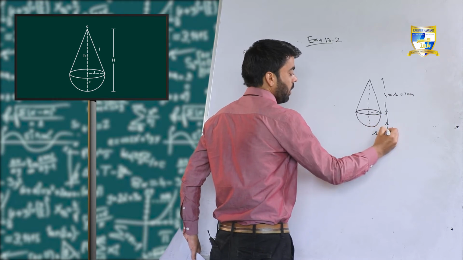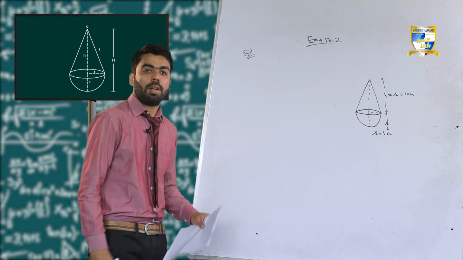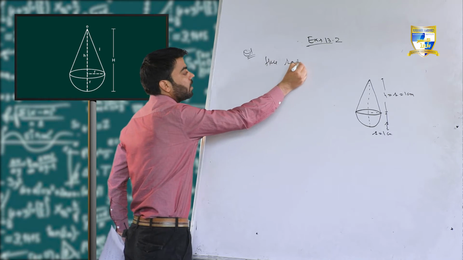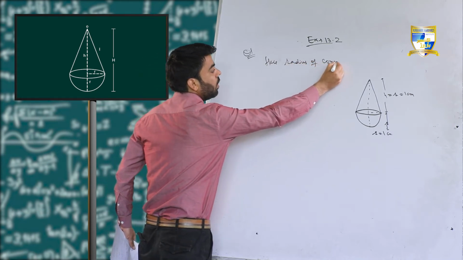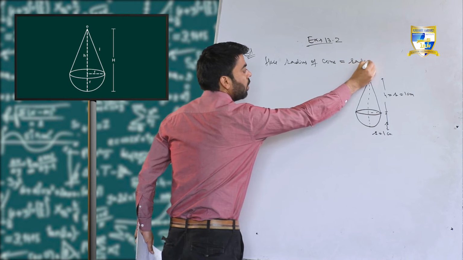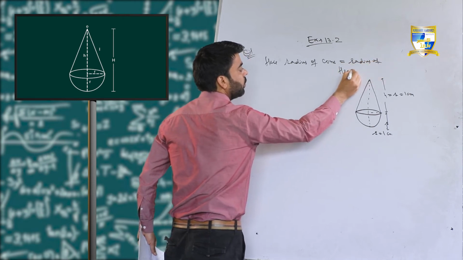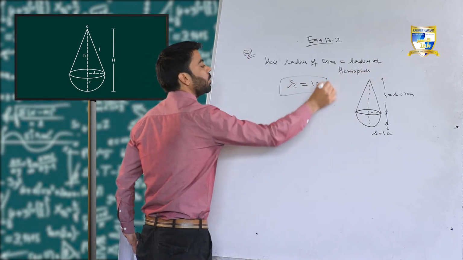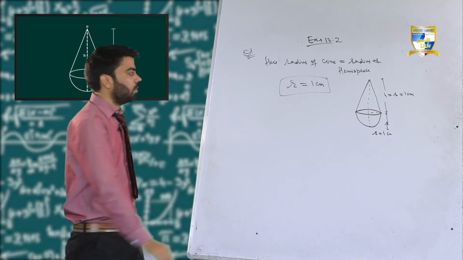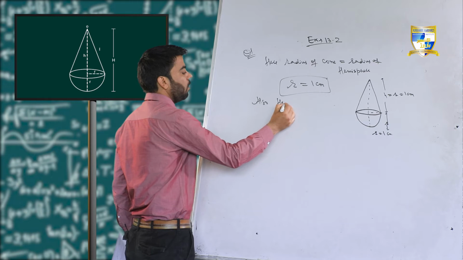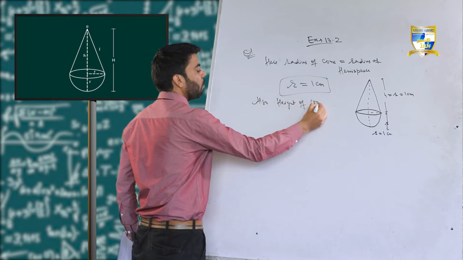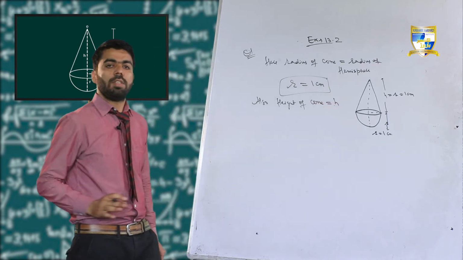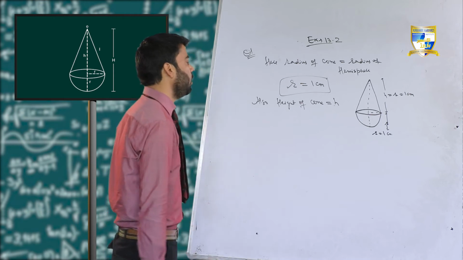From here to here, it's again r. R is equal to 1 centimeter and height is equal to what? It's 1 centimeter. So simple. Here, the radius of the cone is equal to the radius of the hemisphere, that's small r is equal to 1 centimeter. Also, the height of the cone is h, but the question says the height of the cone is equal to the radius of the cone, that's equivalent to 1.